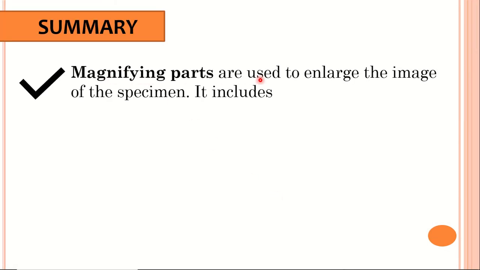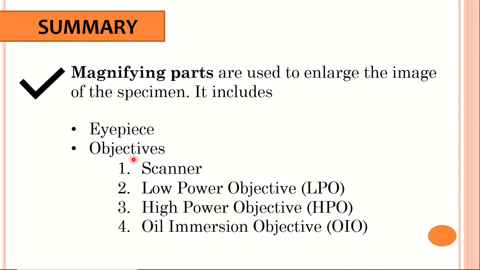Magnifying parts are used to enlarge the image of the specimen or object to be observed. It includes eyepiece and objectives. Objectives has four types. These are scanner, low power objective or LPO, high power objective or HPO, and oil immersion objective or OIO.